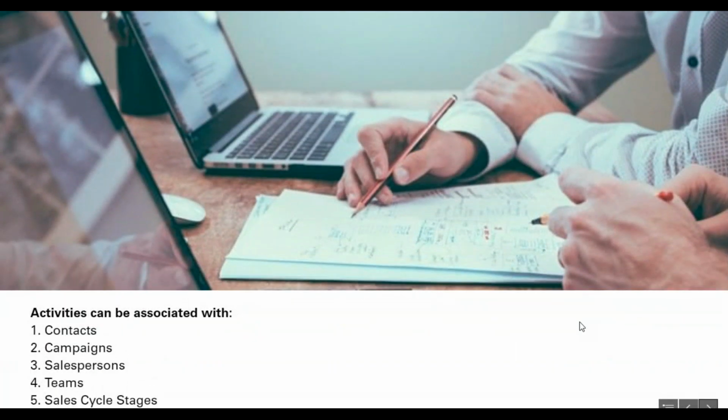You can associate activities with contacts, campaigns, salespersons and teams as a whole. Also, activities can be assigned into sales cycle stages. We'll look into it when we do our practical session of Dynamics 365 Business Central.